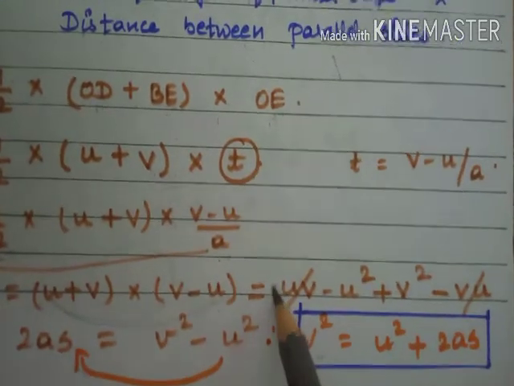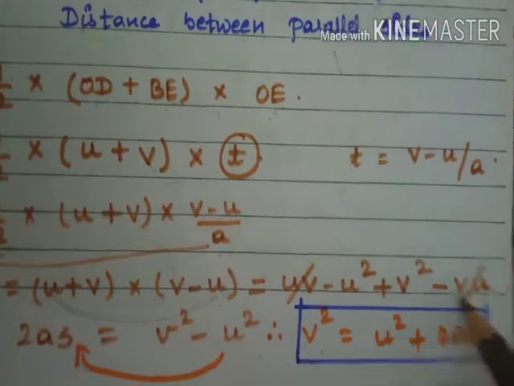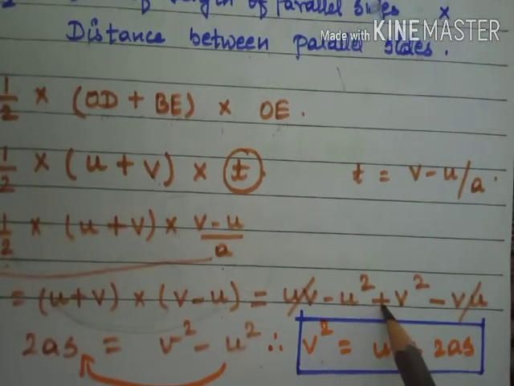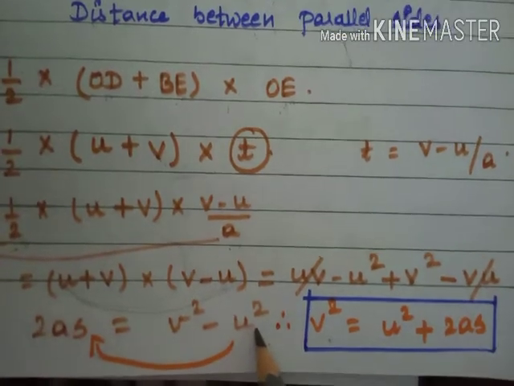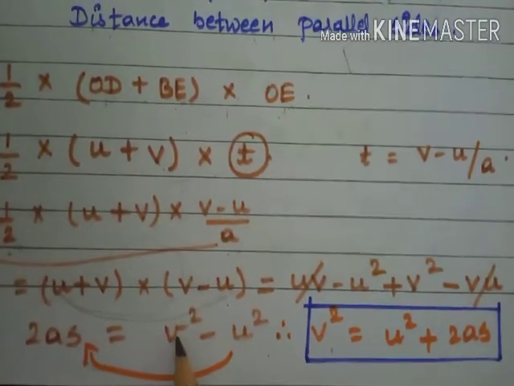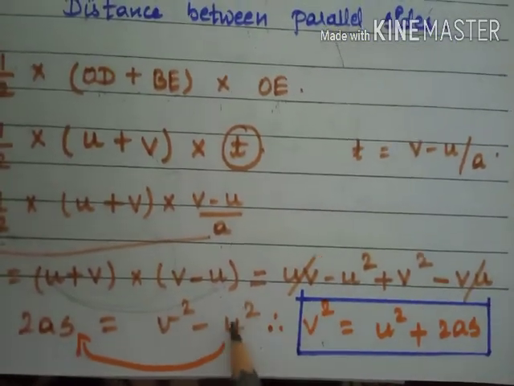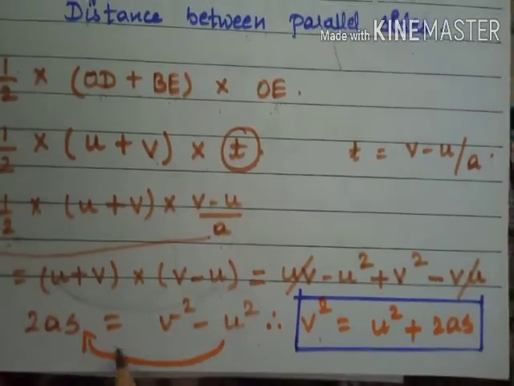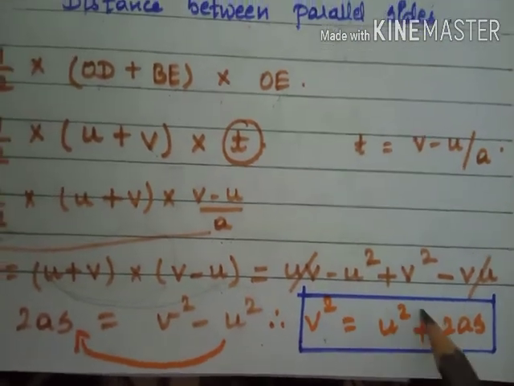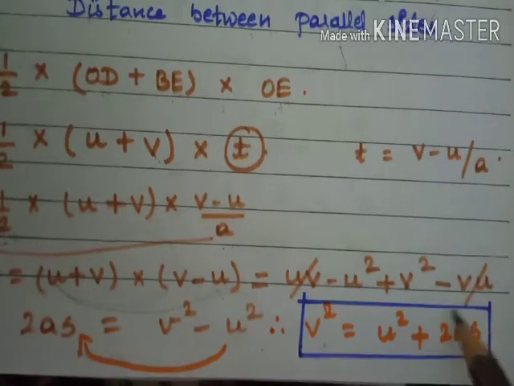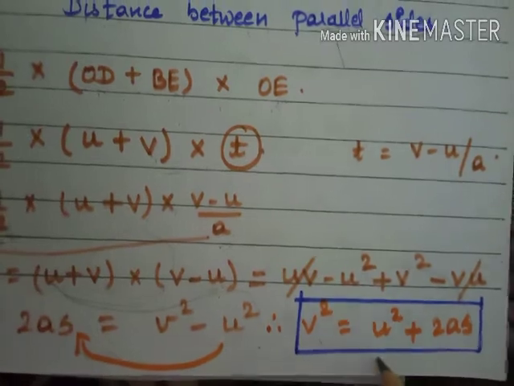Here we have one positive UV and a minus VU, so they cancel each other. The remaining terms give 2AS is equal to V square minus U square. From that we prove V square is equal to U square plus 2AS, with U square moved to the other side. So this is our third equation of motion. Now we have proved the third equation of motion.